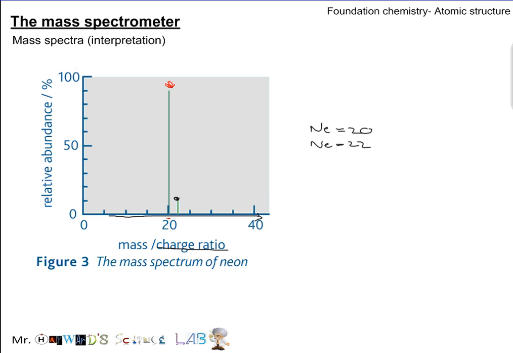I'm just going to look at the mass. On the side, it shows you the relative abundance. So on this example, we've got 90% of the neon we put into the sample is neon 20, and 10% of it is neon 22. Okay, so we'll put this to the side.